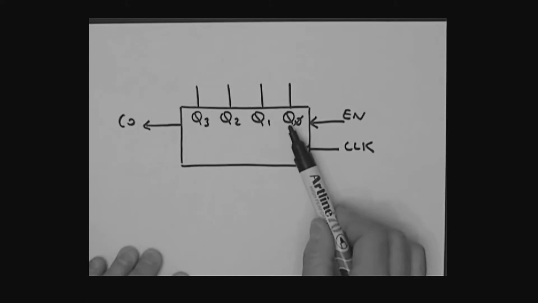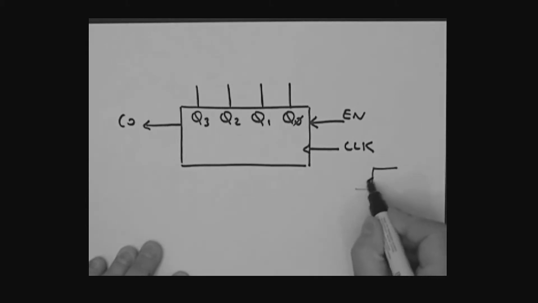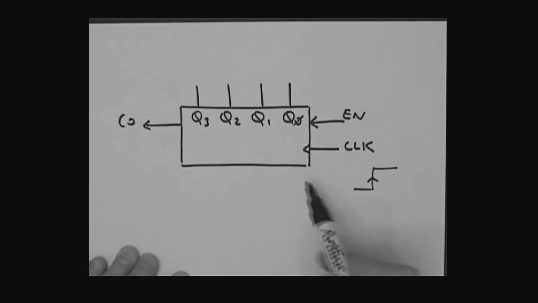You can get leading edge triggered counters and falling edge triggered counters. We're going to assume leading edge triggered counters. So these Q values change every time you get a leading edge of the clock. We're going to use the same clock for the counter as we use for the state variable flip-flops, and we'll call that the system clock to our machine.